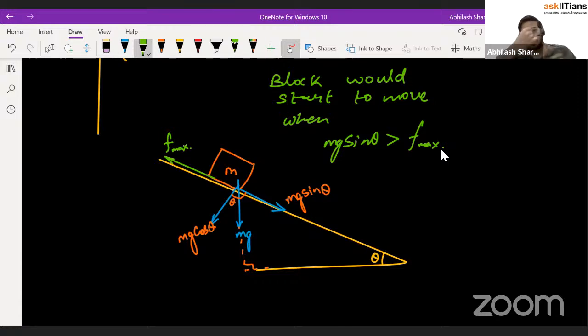When the downward pulling force overcomes the friction, the remote slides down. So far, everybody clear with this?